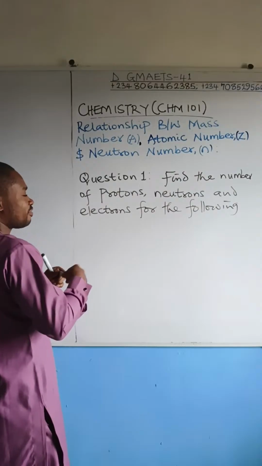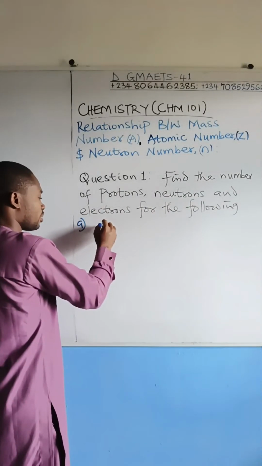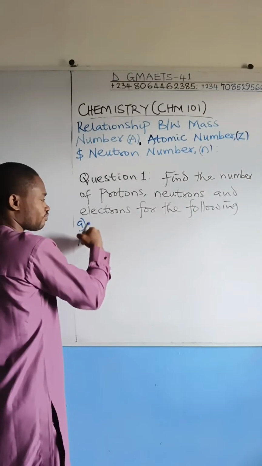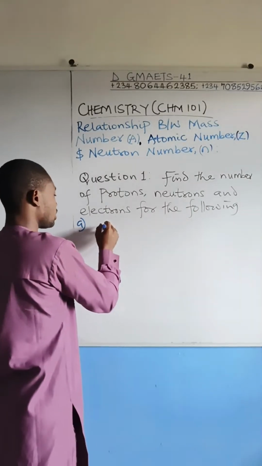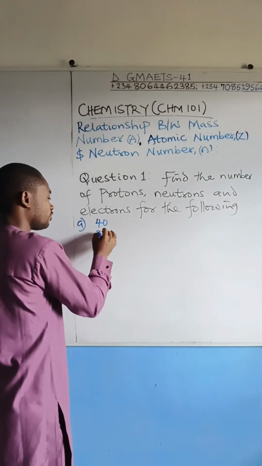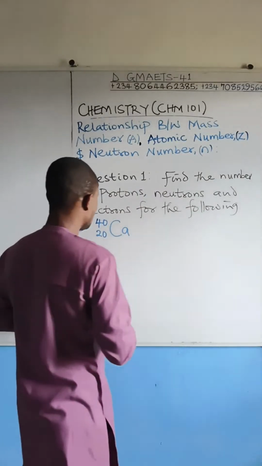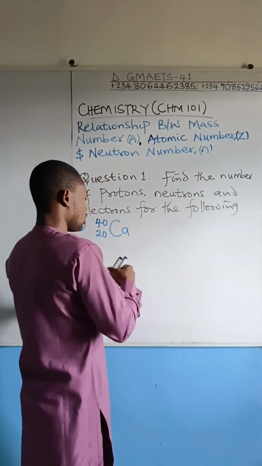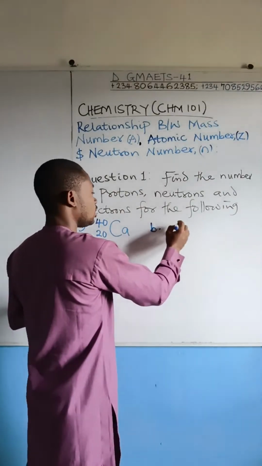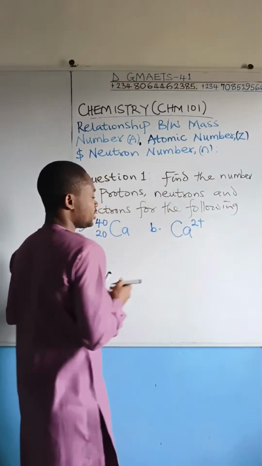So we're going to have A: calcium, 40, 20, Ca. That's calcium. Then I am going to give you B, the calcium ion, written like this.